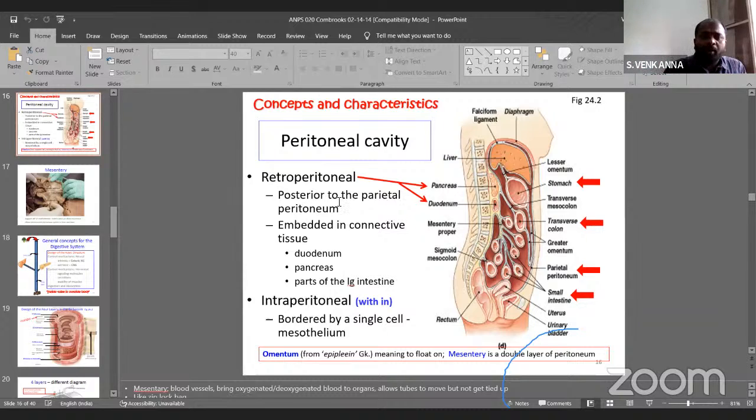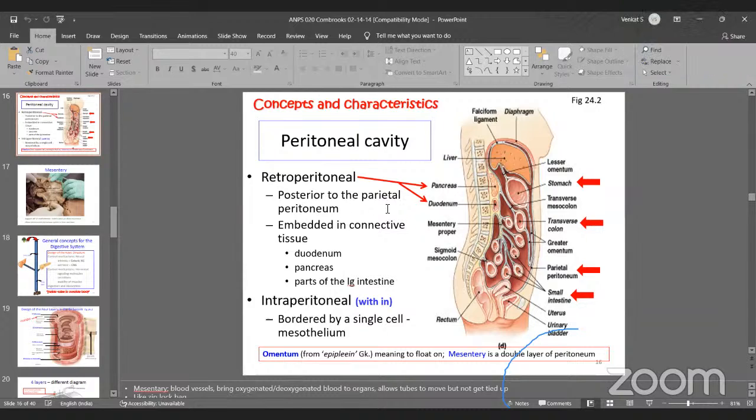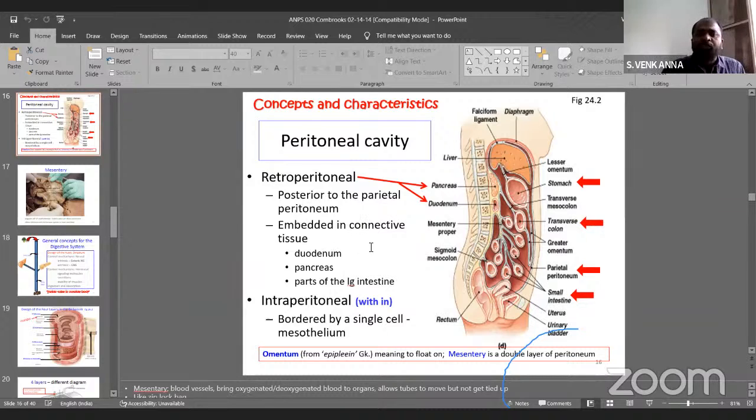Posterior to it is embryonal connective tissue. There are three parts involved: the duodenum, the pancreas, and part of the intestine. Those three participate in the absorption mechanisms.